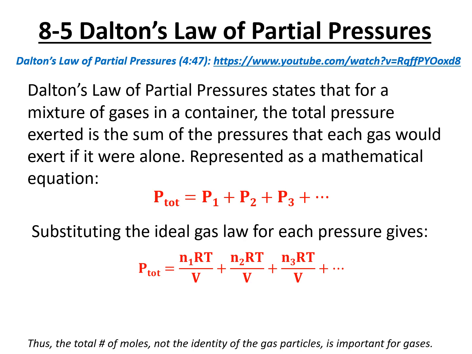Notice that if you think back to your algebra, we could factor out some of the variables that are showing up in each term. And those variables are RT over V. Because we're in a gas mixture, the temperature and the volume are the same for every single gas. So we factor that out. And now we see that the total pressure is equal to RT over V times the sum of the moles of each gas. And so as long as we know the moles of the gases in the mixture, we can calculate the total pressure of that gas mixture.